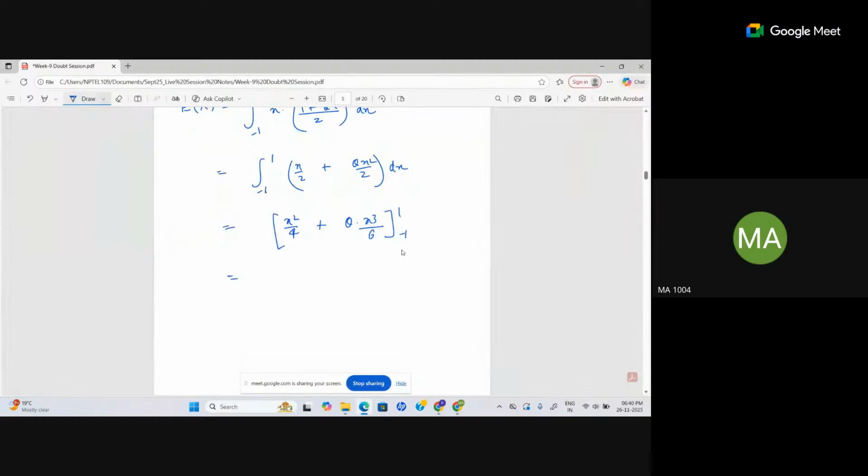Just put the limits and solve the value. Is it 0? It cancels out.